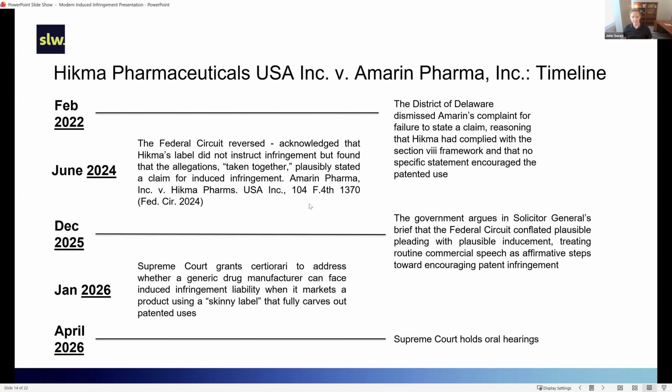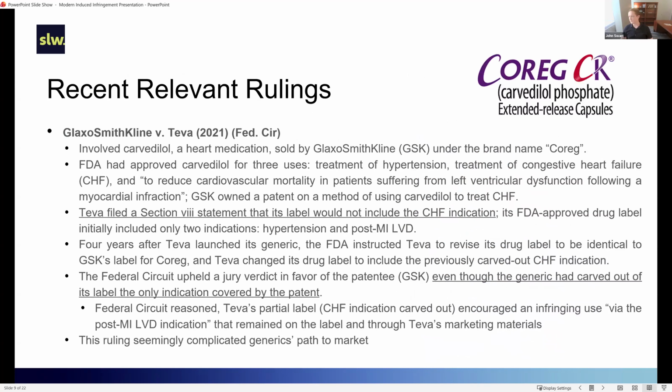I think it's probably worth, before I get completely into Amarin v. Hikma, mentioning that the GSK case led to, I want to say, two or three other Federal Circuit rulings that had similar outcomes. I don't think they were worth walking through the fact patterns in this presentation, but it's worth noting that this was not an isolated ruling.